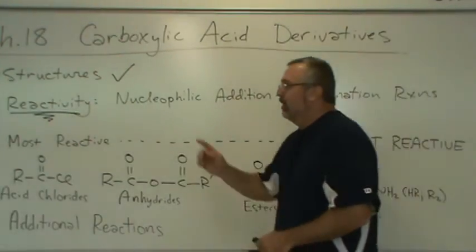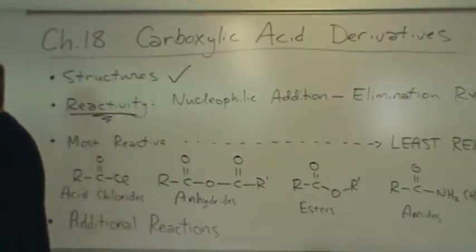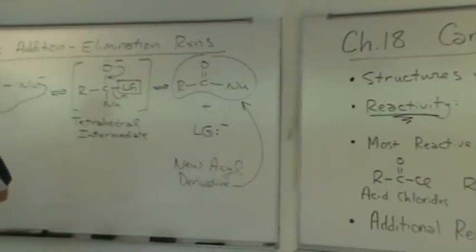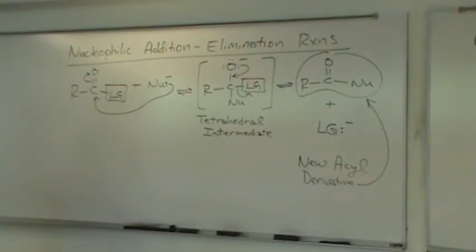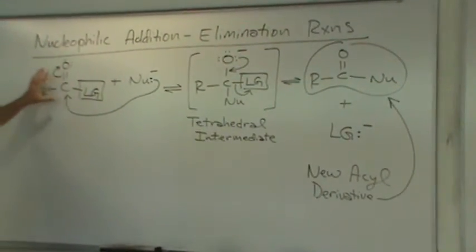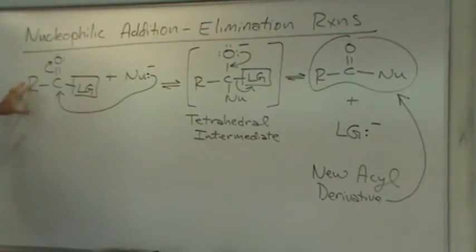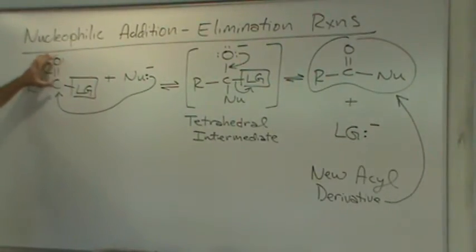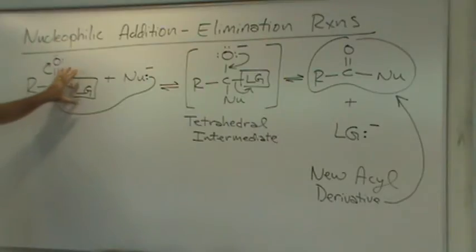So to do that, I'm going to move over to this board over here, and I'm going to tell you that all of the carboxylic acid derivatives have this generic structure that I've shown right here. They've got something organic bound to a carbonyl group, and then I've got a leaving group over there, an LG. Now the leaving group can be a lot of different things.